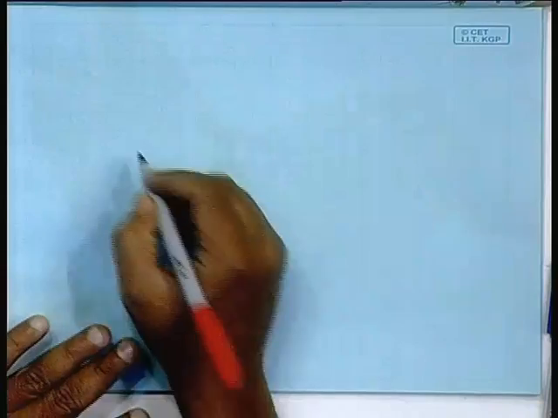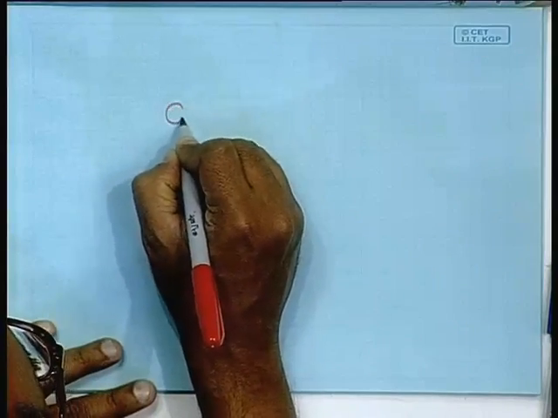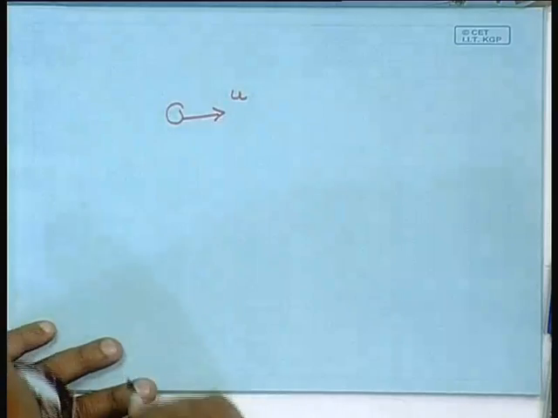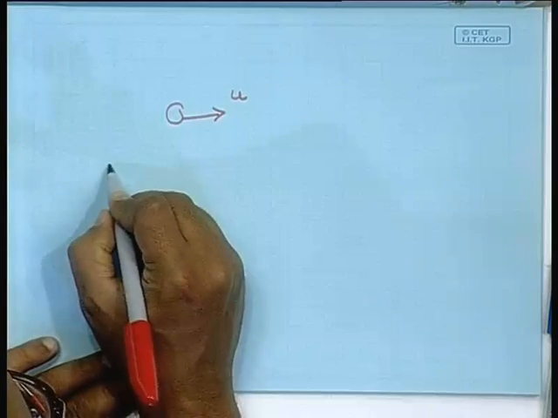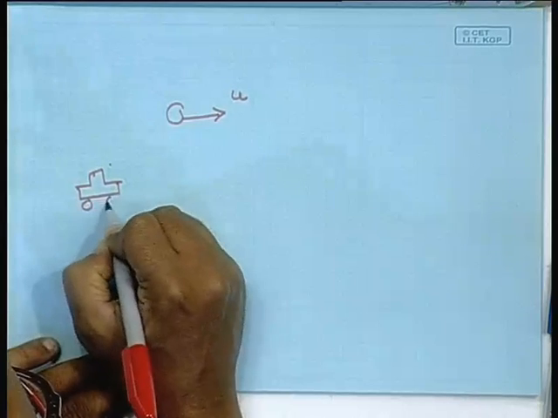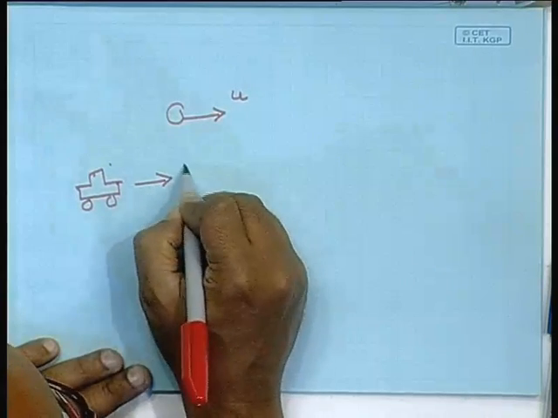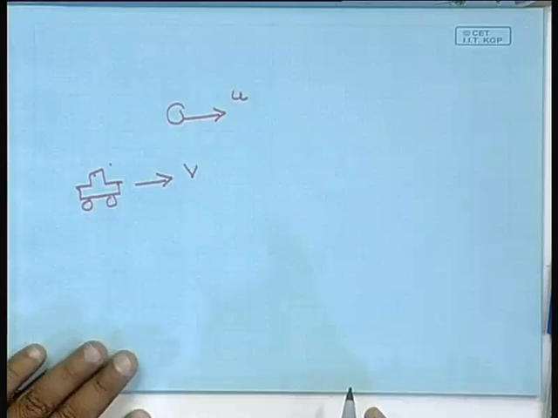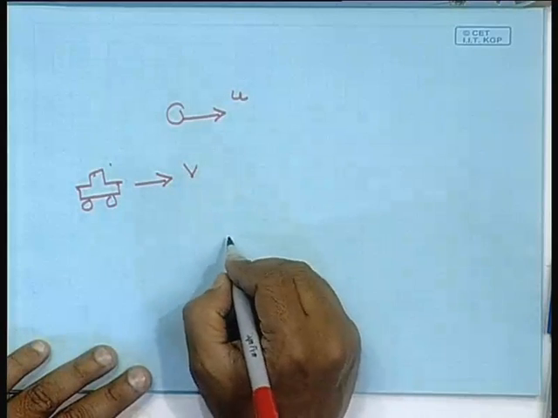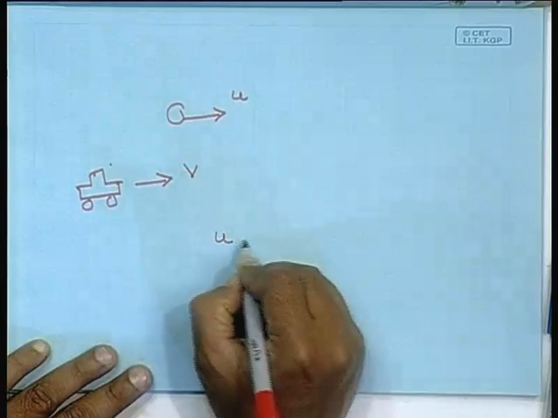Let me explain to you what we mean by this. Let us say we have a ball going with speed u in this direction, and there is a car going with speed v in the same direction. If I am sitting on the car, I will see that the speed of the ball is u minus v.